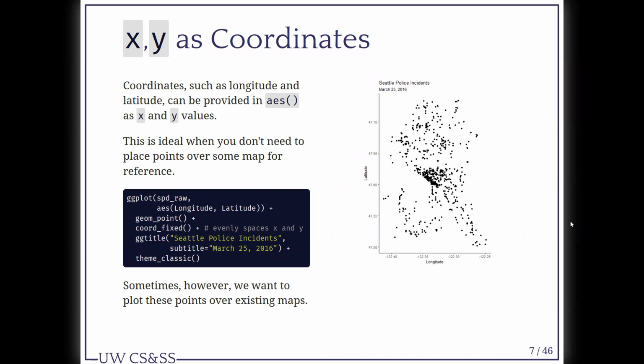So this is an ideal thing to do when you don't need to place the points over some map for reference. For instance, we are probably very familiar with the map of Seattle and can tell exactly what's going on when we look at these points. I can't think of a lot of times where I would need to skip having the map for reference, but from time to time it'll happen.